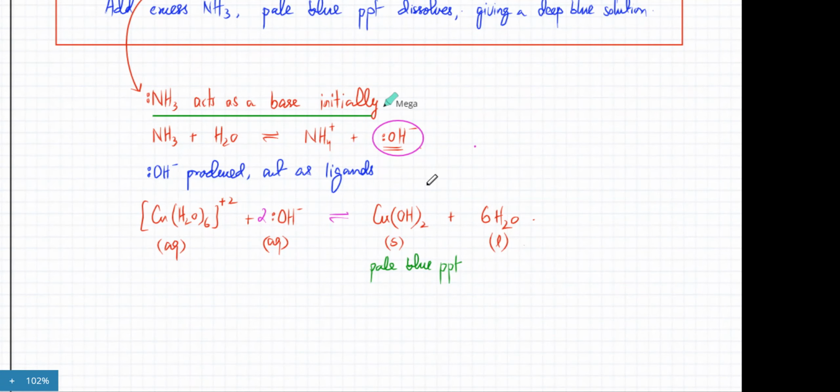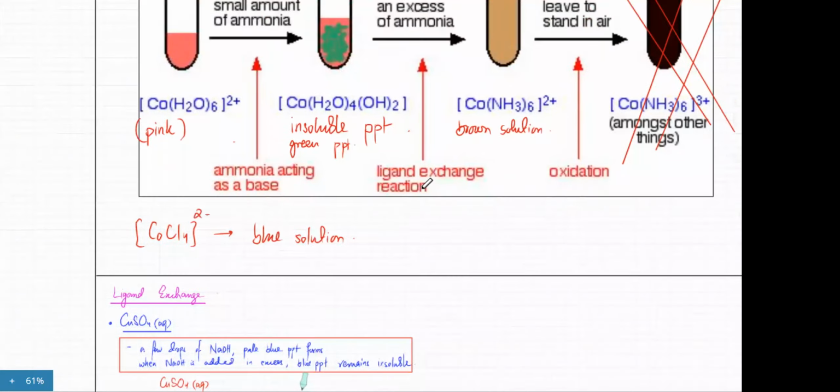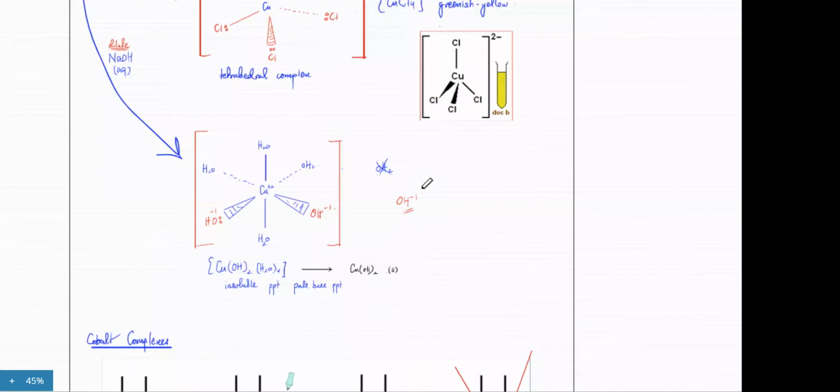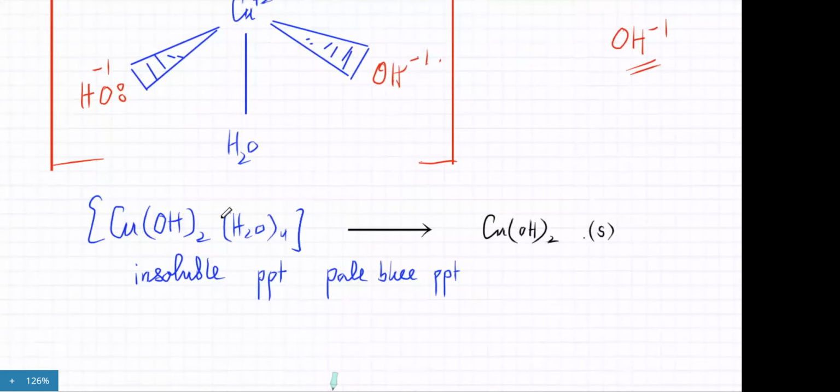Yes, I mean, you can write that as well. That is also acceptable, Nadine. And you can also write it as this. The reason this one is a better option is that copper hydroxide is going to leave the solution.